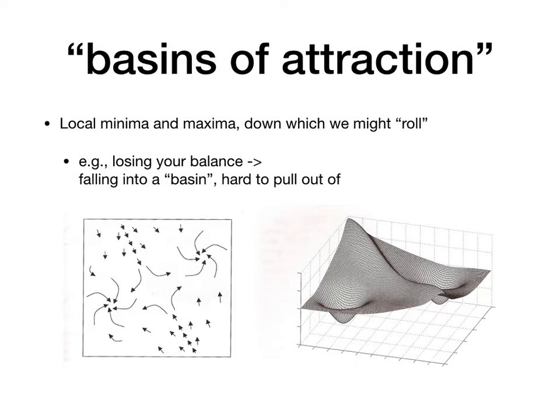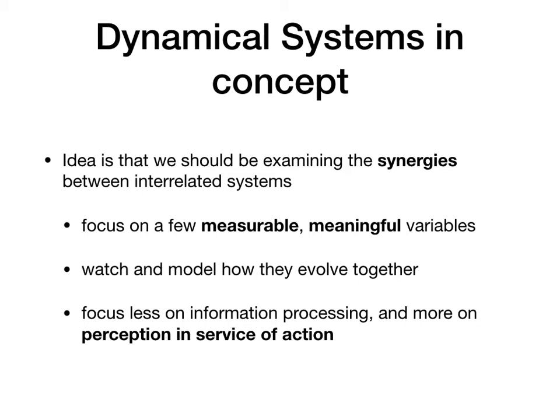So, yeah, dynamical systems. Overall, the idea is that we should be looking at the synergies between all these interrelated systems and trying to understand those synergies more so than trying to understand one piece of them explicitly. So the idea is we want to look at measurable and meaningful variables.